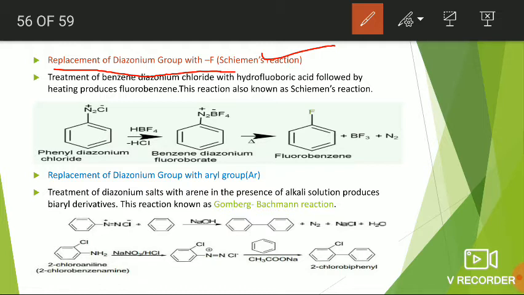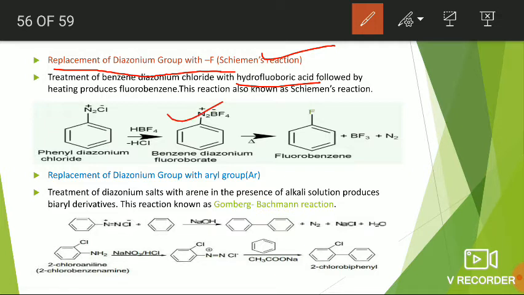Replacement of diazonium group with fluorine is generally known as the Schiemann reaction. Here it can be achieved through treatment of diazonium salt with hydrofluoroboric acid. With hydrofluoroboric acid, we get the corresponding diazonium fluoroborates as intermediate.